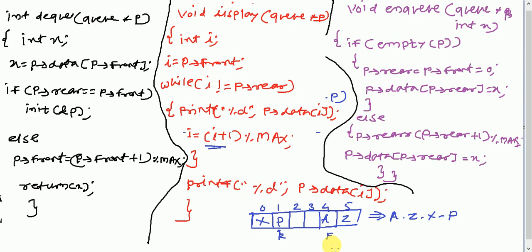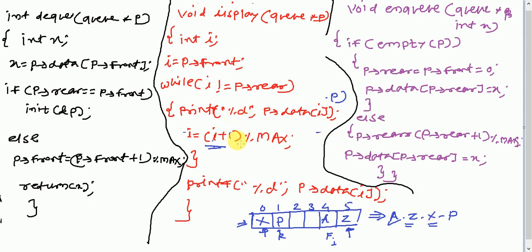So my I is first of all pointing to front, so I'll print data of I, so it will print a. Then I will point to I plus 1 is 5 mod 6, that will be 5. So I will point to 5, so data of I is z, so it will print z. Now after 5 I should go to 0, so 5 plus 1 is 6, 6 mod 6 is 0, so now I will be 0, so I'll print here x, data of I is x.